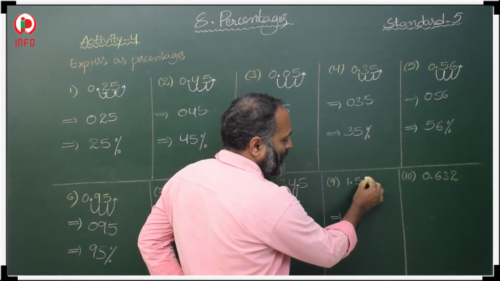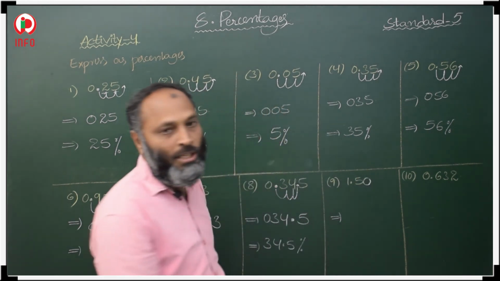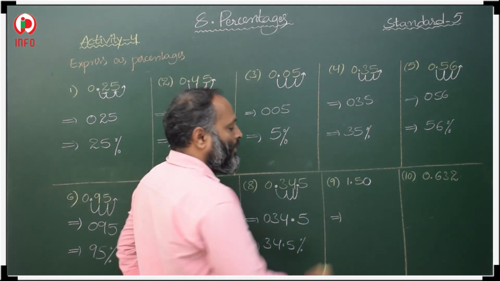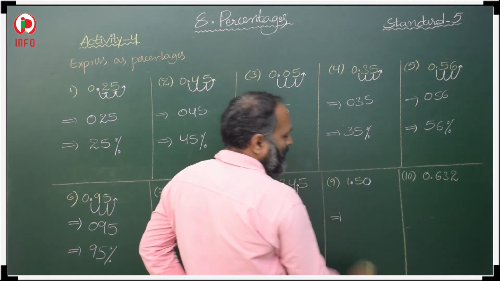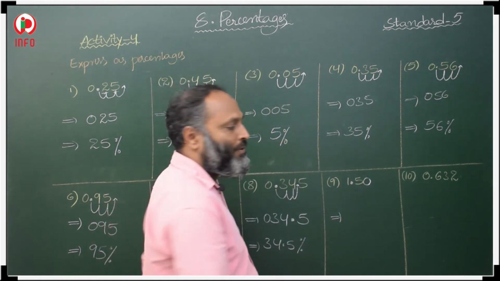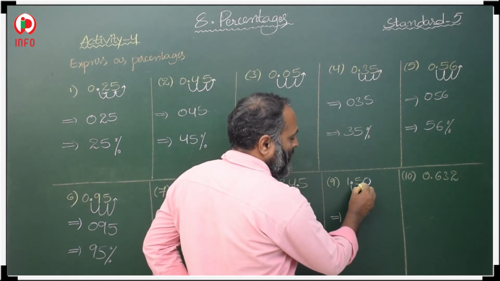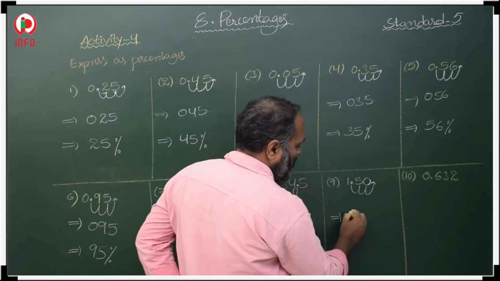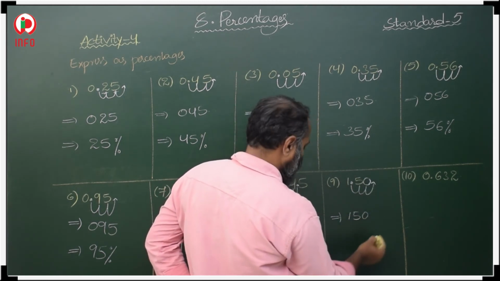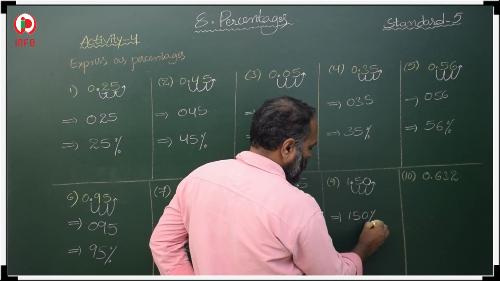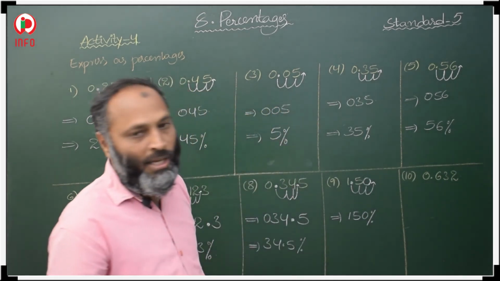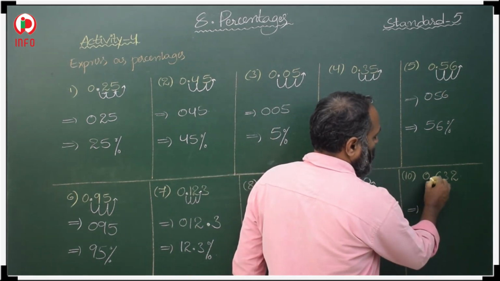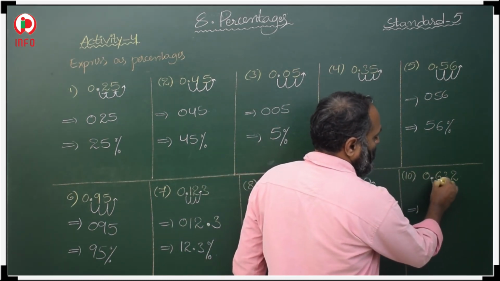Okay. Now here after 2 digits we have to move the decimal, because here only one numeral is there, so one more 0 we have to keep. Then you make it 2 digits first, then place your decimal after 2 digits from left to right. This is first digit, this is second digit. So after the second digit the point will come, 150. No need to take that point, just write 150%. Now here also you move the decimal point after 2 digits from left to right.